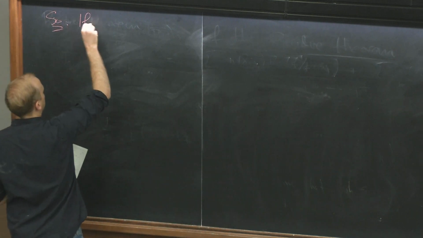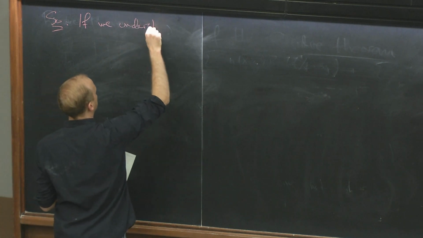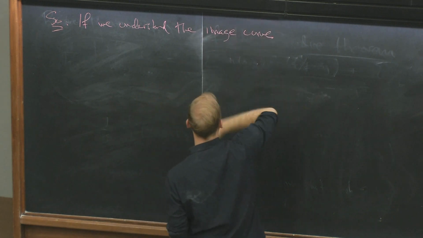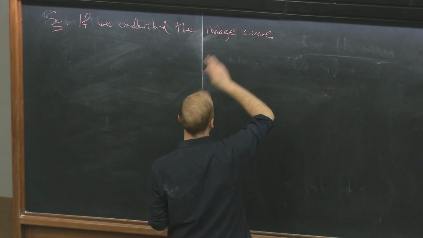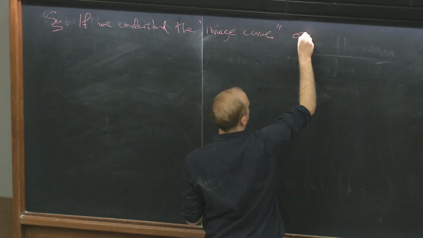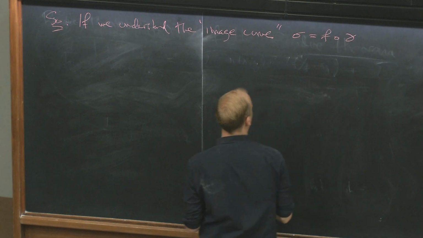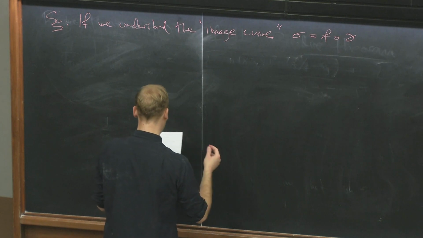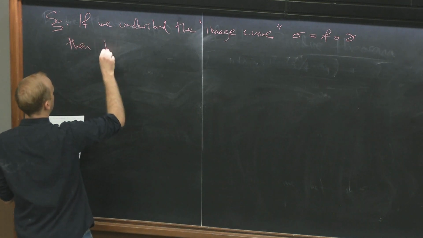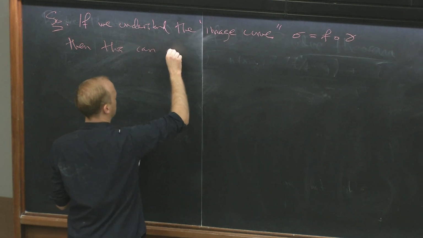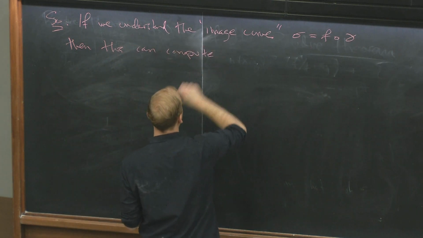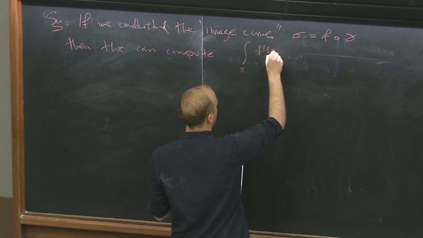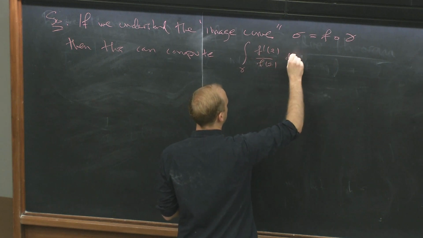Okay, so again, the remark was that if we understand the image curve, so just to reiterate what this whole remark and this example was about, if you understand the image curve sigma, which is f composed with gamma, where gamma was the curve we were given in the beginning, then this can give us, without actually computing anything, the integral along gamma of f prime of z over f of z dz.